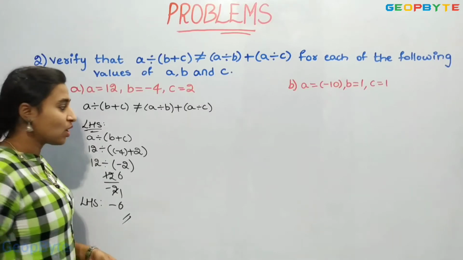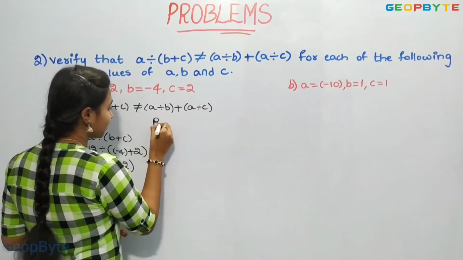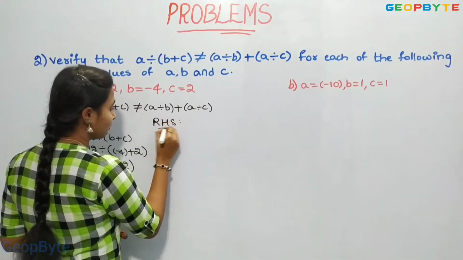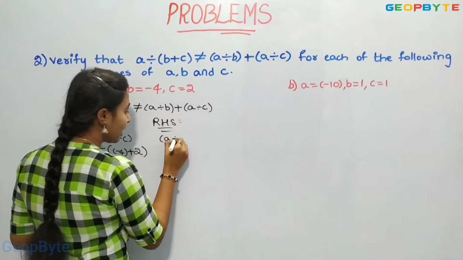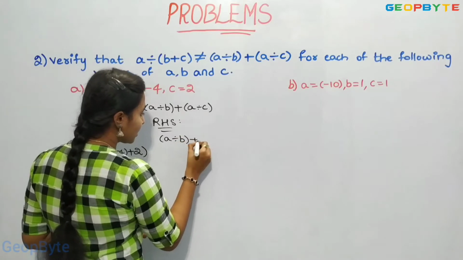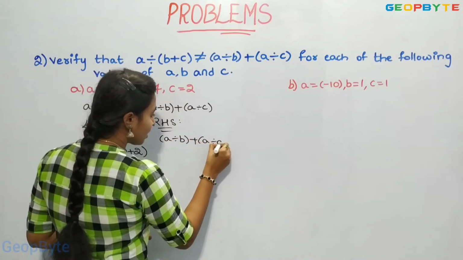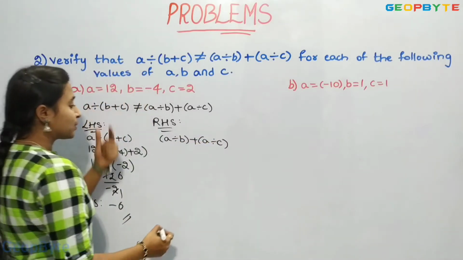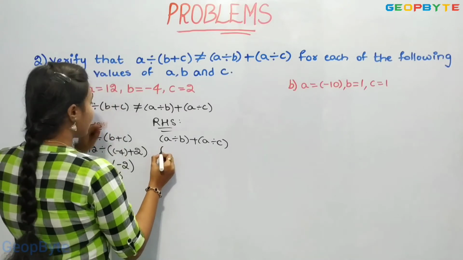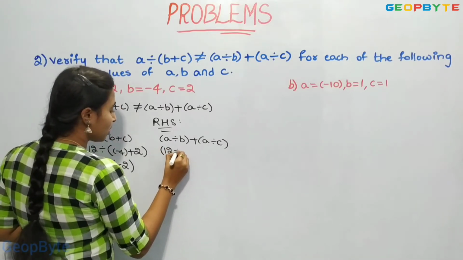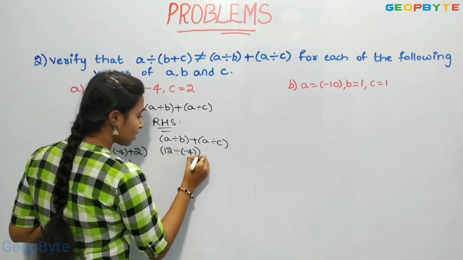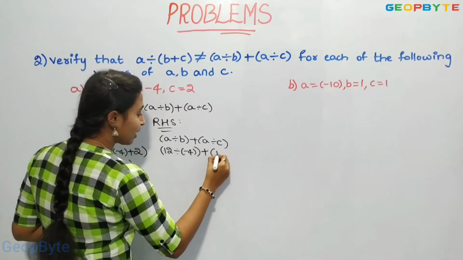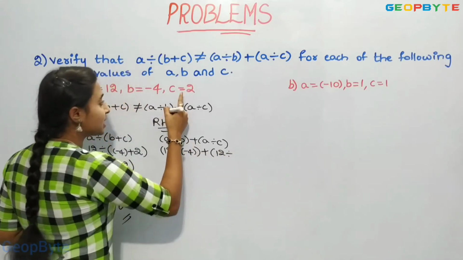Now let us solve RHS. We have RHS, that is A divided by B plus A divided by C. Now we will substitute these numbers. A is 12 divided by B is minus 4 plus A we have 12, C as 2.